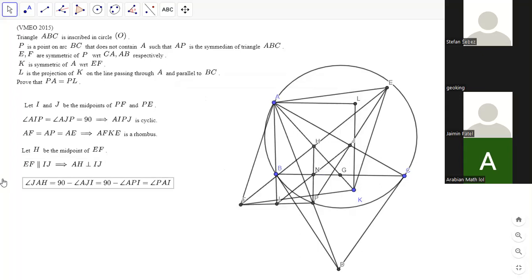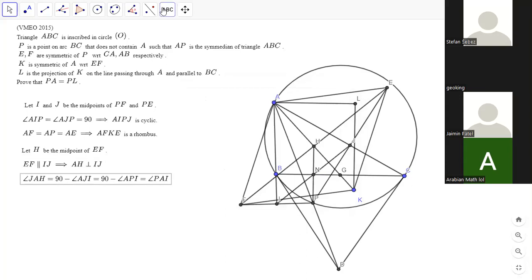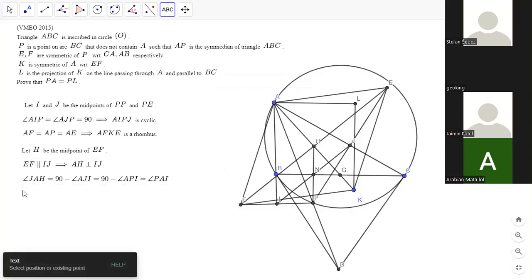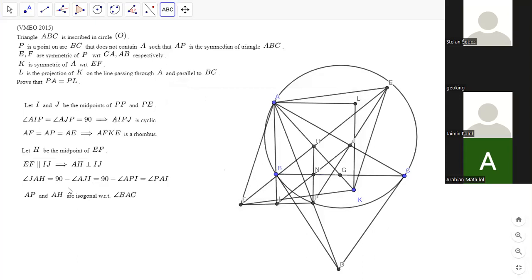So AP and AH are isogonal with respect to angle BAC. So AH is a median.